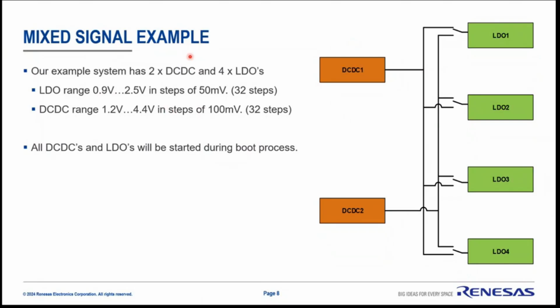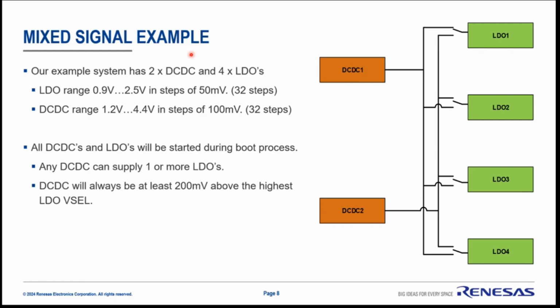Typically, in the behavior of our mixed signal designs, we'll have some kind of sequencing, where the power management device will switch these things on in a given sequence, and usually it's configurable. The sequencer in the boot process will configure any of the DC-DCs to supply one or more LDOs via the switches you see in the diagram.